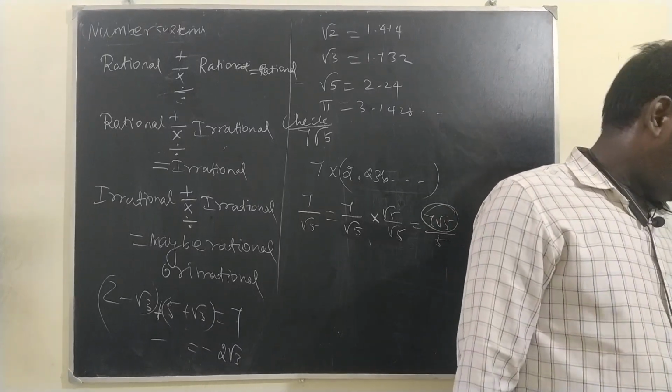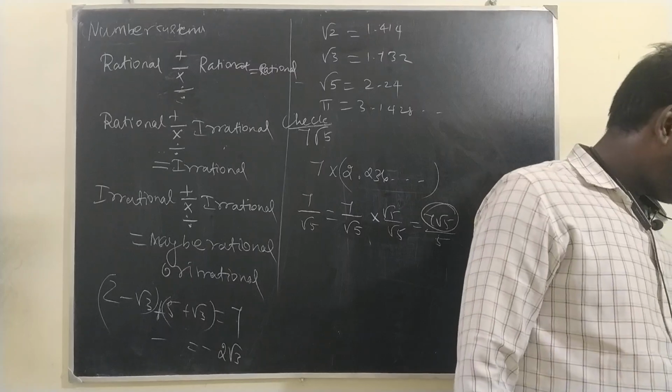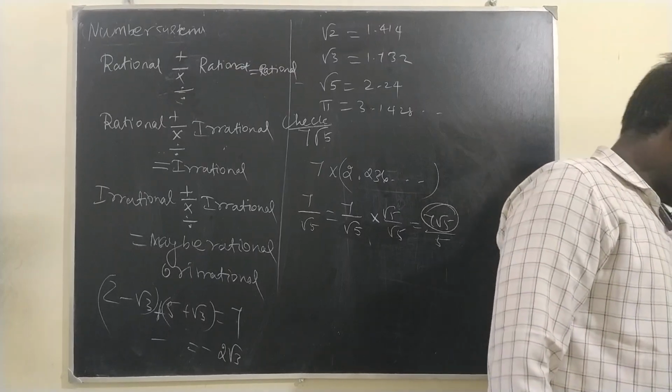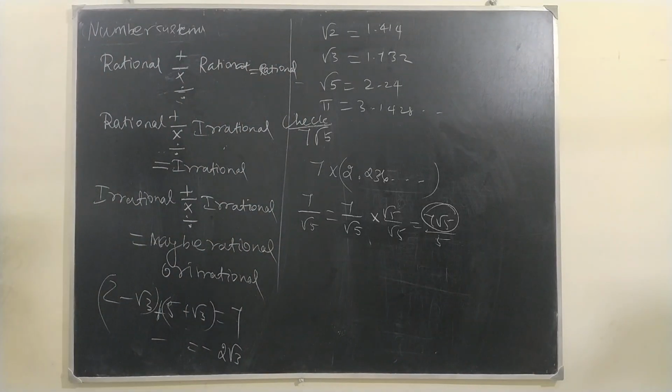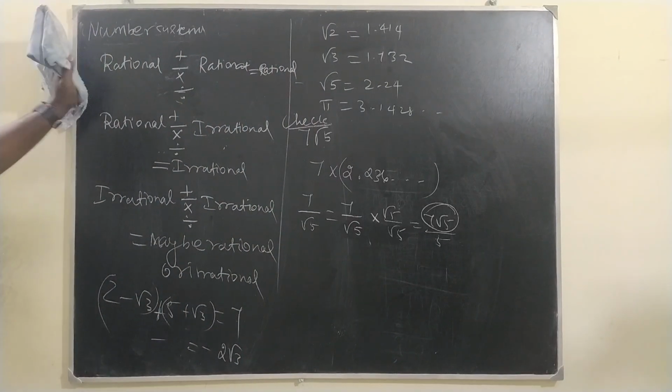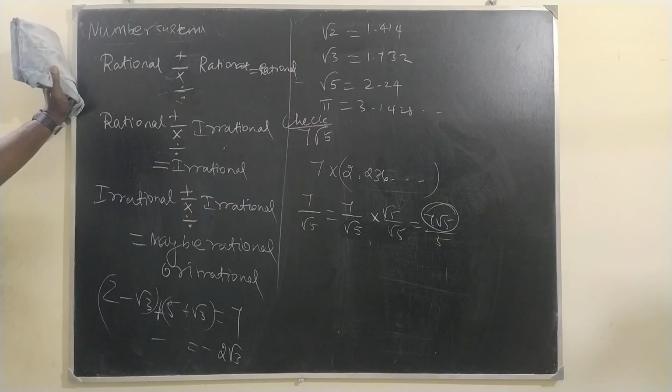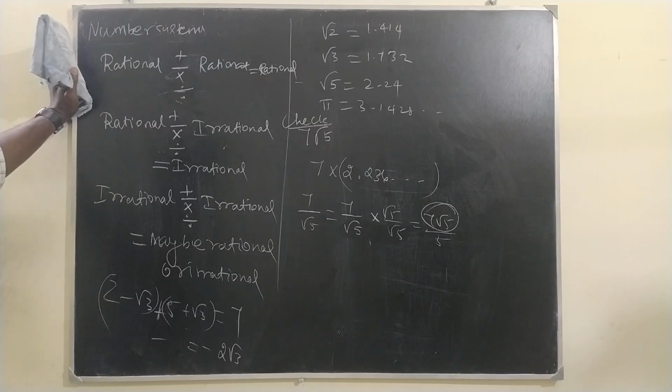Okay. Next, representing any irrational number on the number line. Are you noting this down? You have already written this in your classwork, is it? Okay.